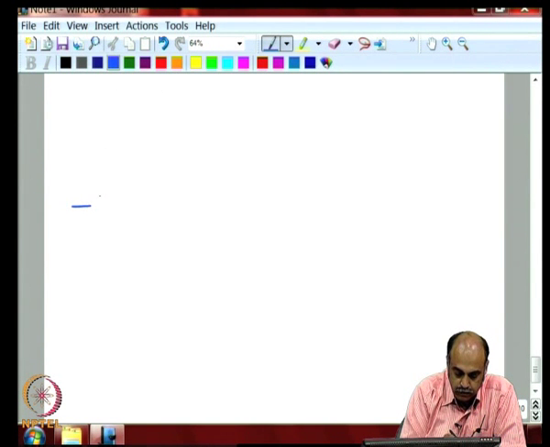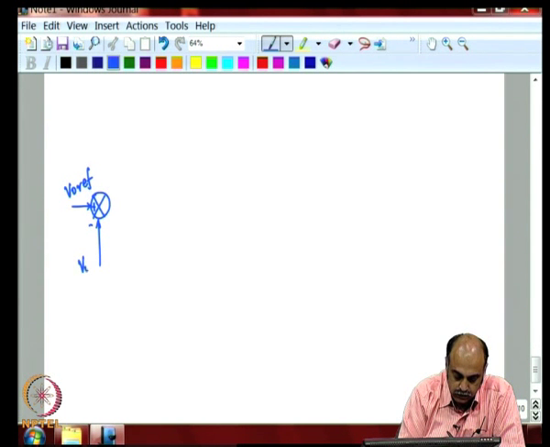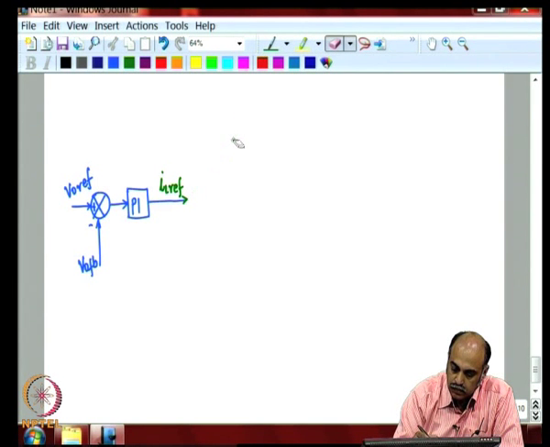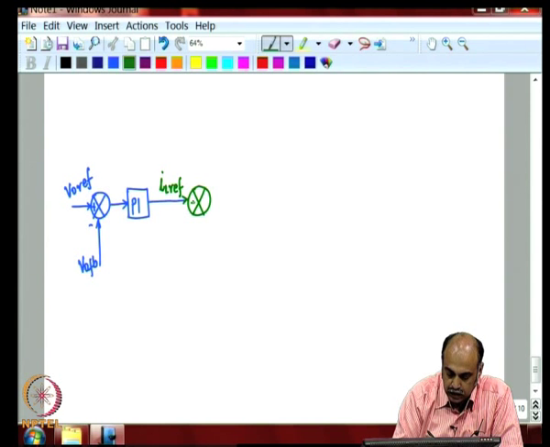We had initially V naught reference, a V naught feedback, goes through a PI controller, and this will give the current reference IL reference, and this is passed through a comparator, plus and minus.